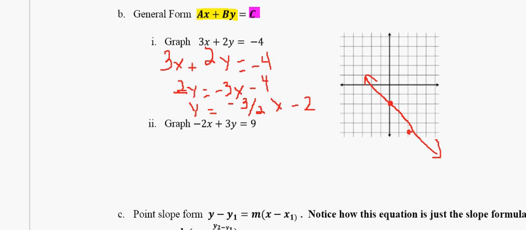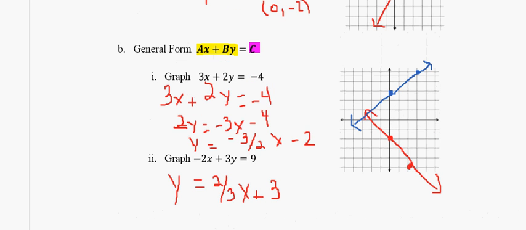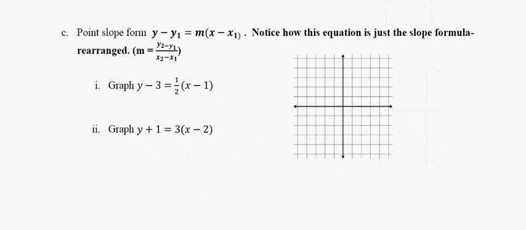Again, notice my line falls from left to right because I have a negative. Whoops, I missed my dot. That's when you make bigger dots. Okay, pause the video and try the next one and see what you end up with. If you paused the video and tried it, you should have ended up with y equals 2/3 x plus 3, and then the graph is the blue line to the right.